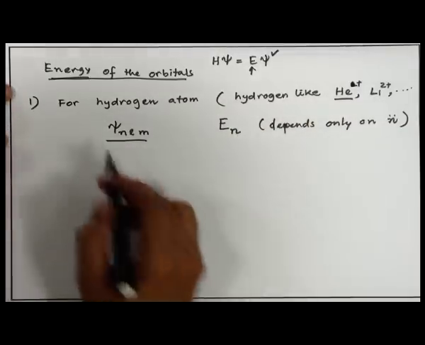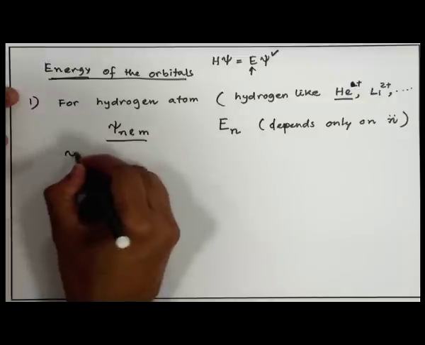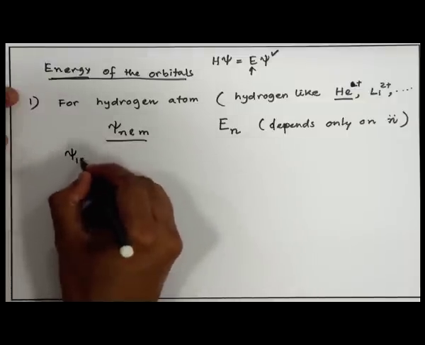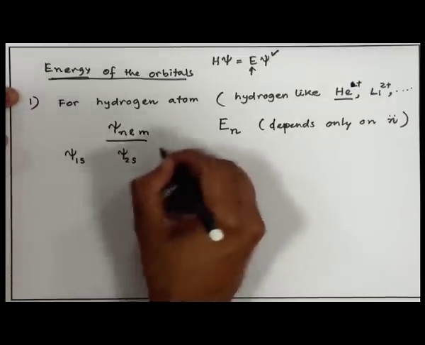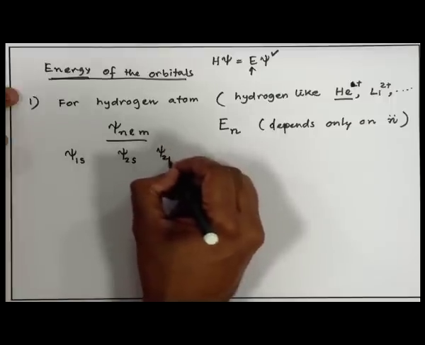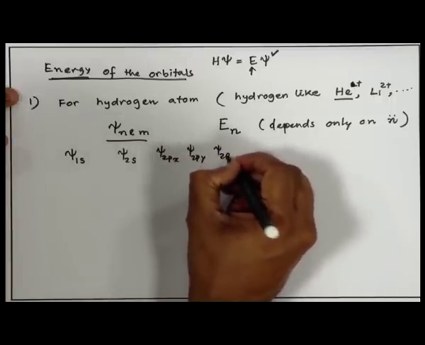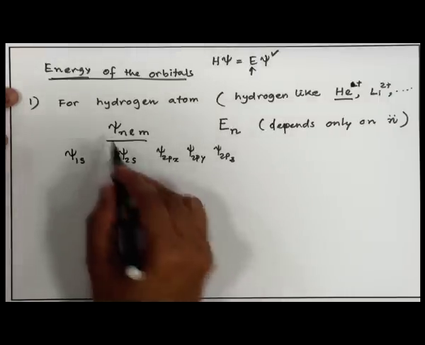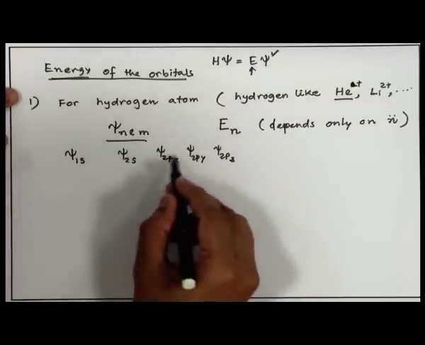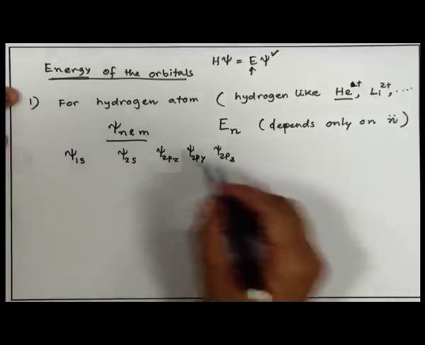So, let us write down the wave functions that we have already discussed. psi n l m, so I will call it psi 1s, then psi 2s, then psi 2px, psi 2py, psi 2pz. n l m: 2px means n is 2, l is 1, m is not exactly identifiable, but either -1 or 0 or +1.